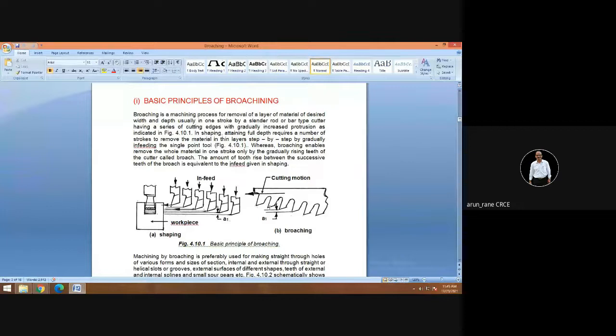Then add 0.05, so it will be 19.75. Or if the rise is 0.02, this will be 19.72, then 19.74, 19.76, 19.78, 19.8. So like that there will be a series of teeth. If the rise is more, then number of teeth will be less. If the rise is less, then the number of teeth will be more.